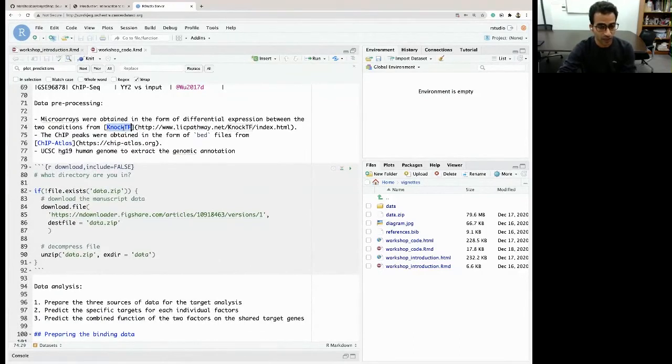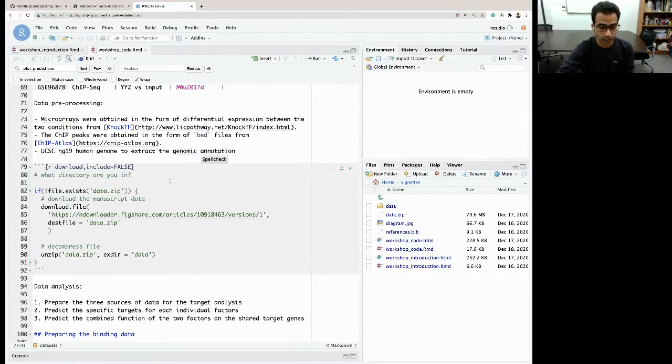The NocTF is a database that collects publicly available gene expression data where individual factors were knocked down, and compares that to the control. The ChIP-seq data is from ChIP-Atlas. And I'm using the human genome 19 to extract the genomic coordinates and to map between different identifiers.